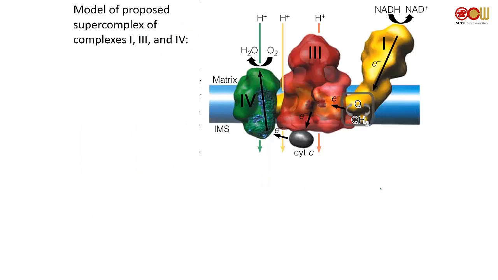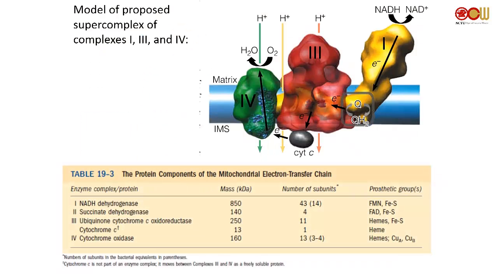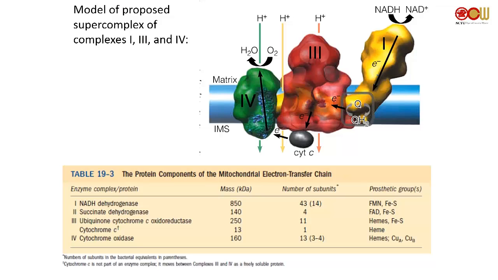Alright, so this is the model proposed, the supercomplex of complex 1, 3, and 4. Turns out 1, 3, and 4 are really close to each other, so that Q doesn't have to travel for a very long time, and cytochrome C also doesn't have to travel far. Complex 1 immediately after Q becomes QH2, it immediately goes into complex 3.